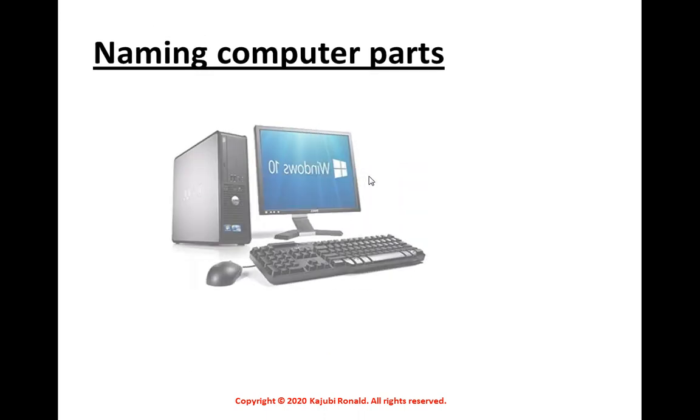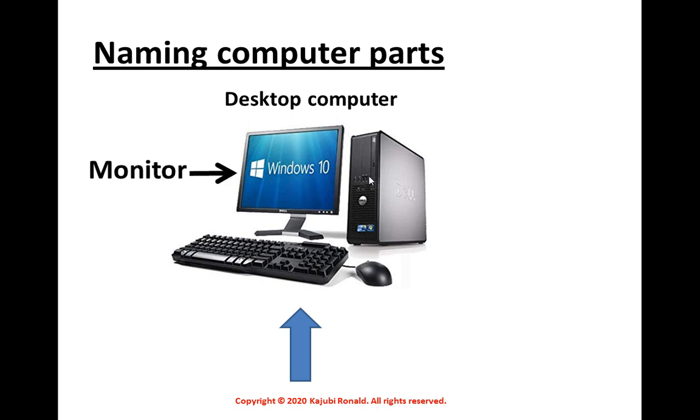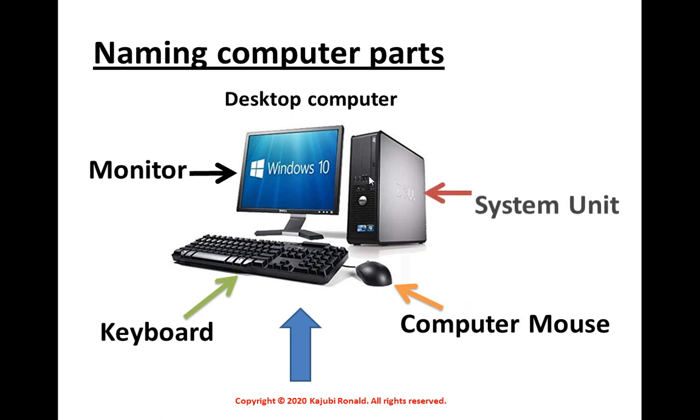Let us go ahead to label parts of a desktop computer, and you'll be using this very knowledge to label or to name parts of a laptop computer, because you remember we looked at 2 types of computers, whereby we had the one called desktop computer, of which you are seeing now, and the one we call laptop computer, right?